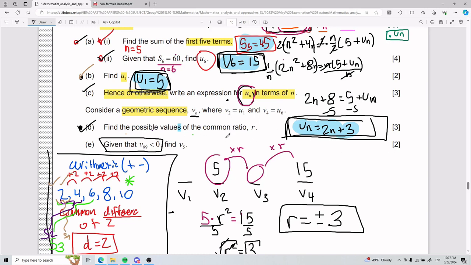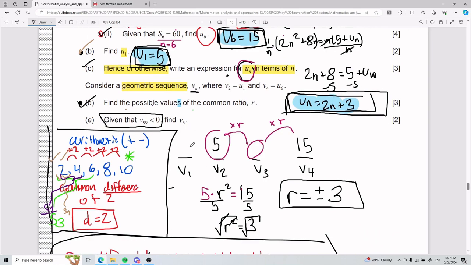Think about it this way. If you were always multiplying by, like, positive 3, would you ever end up with a negative value in your geometric sequence? Technically no. If you're multiplying by a positive value and your terms are already positive, they're never going to go negative. But if you're multiplying by a negative value, some of them will be positive and some negative.